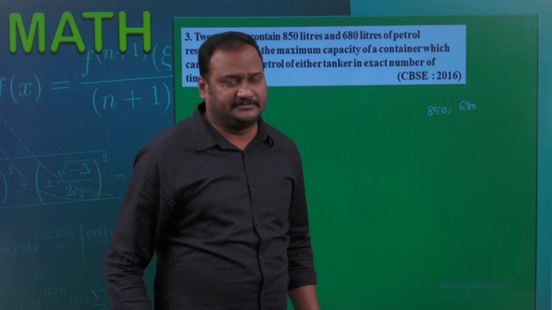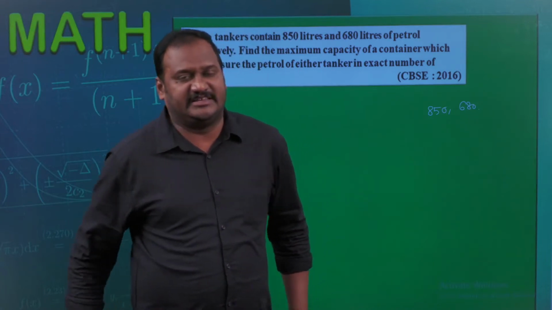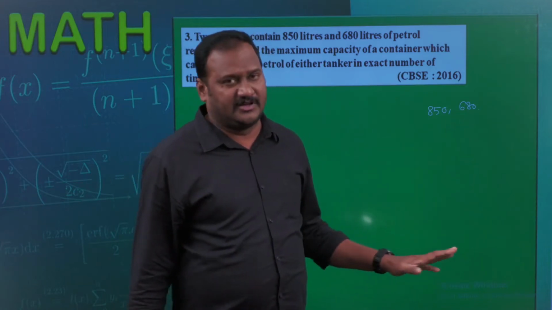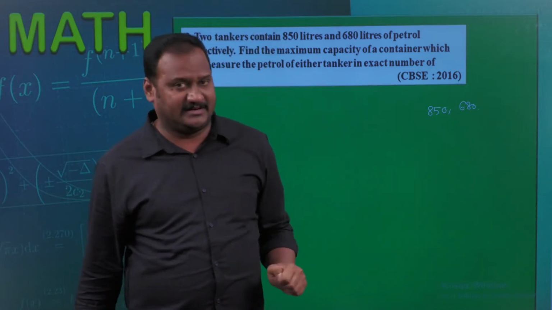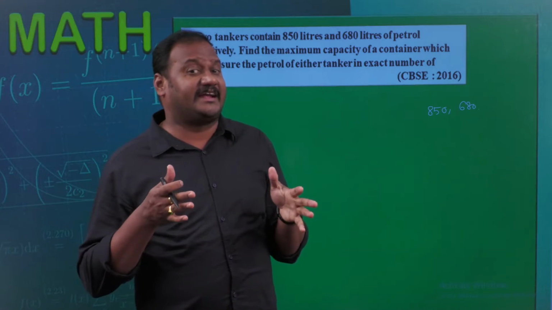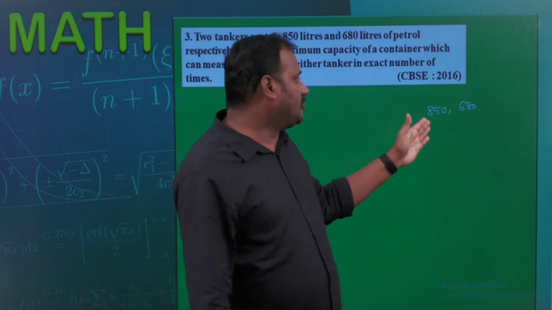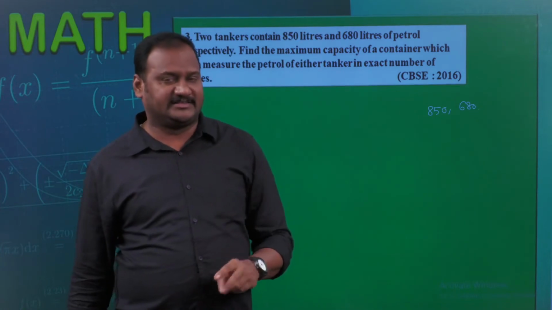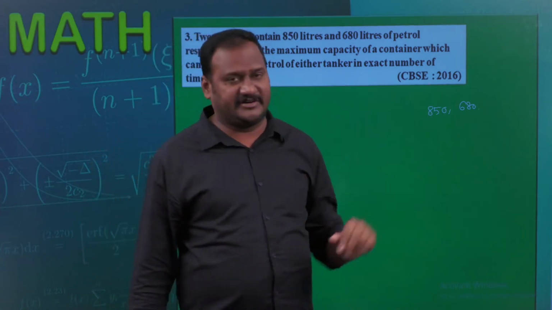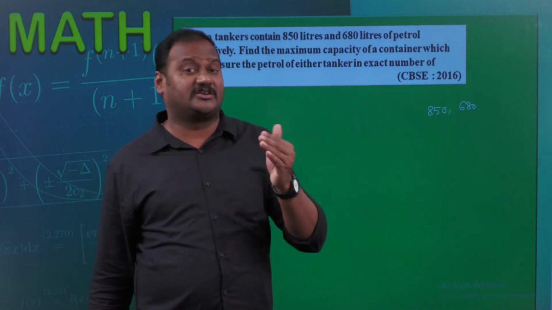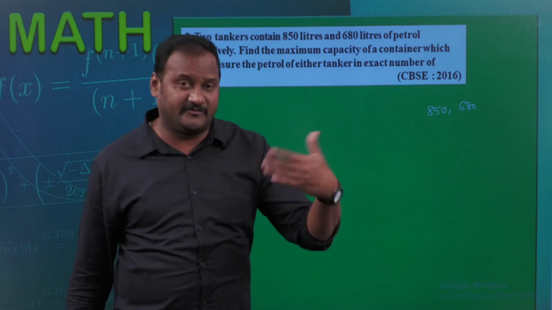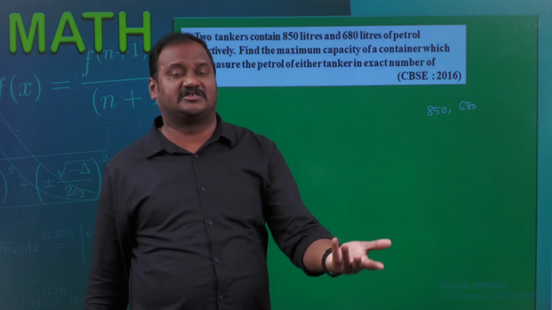According to this problem, I will tell you one easiest context: what is the number which exactly divides both 850 and 680? See, 2 is a number which divides both of them, but 2 is not the only number dividing both of them. Maybe 3 also, maybe 4 also, maybe 5 also, maybe 6 also.